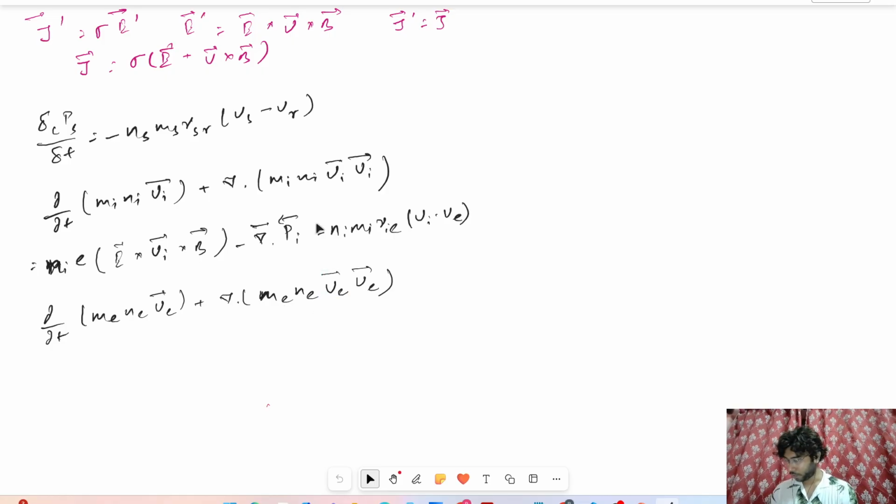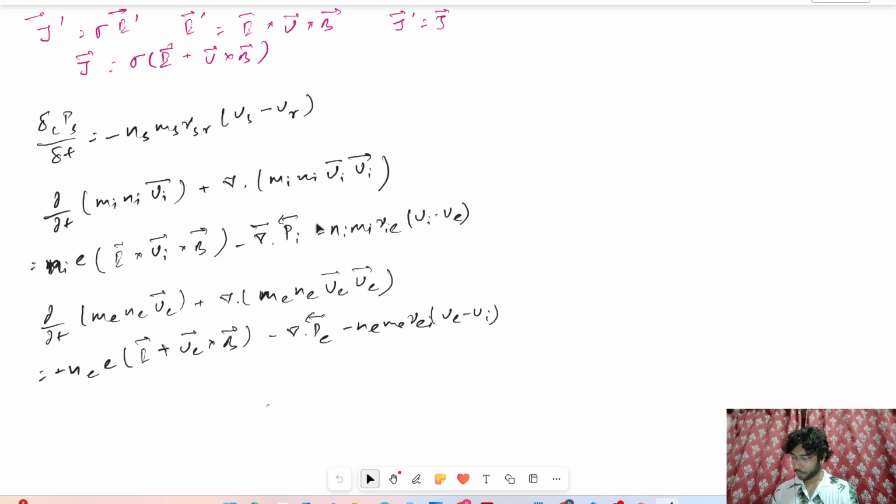And then on the other side, we have minus Ne because the charge for electrons is negative. Then we have the Lorentz force term, E cross B, the pressure term, minus N, the collision term. Right.